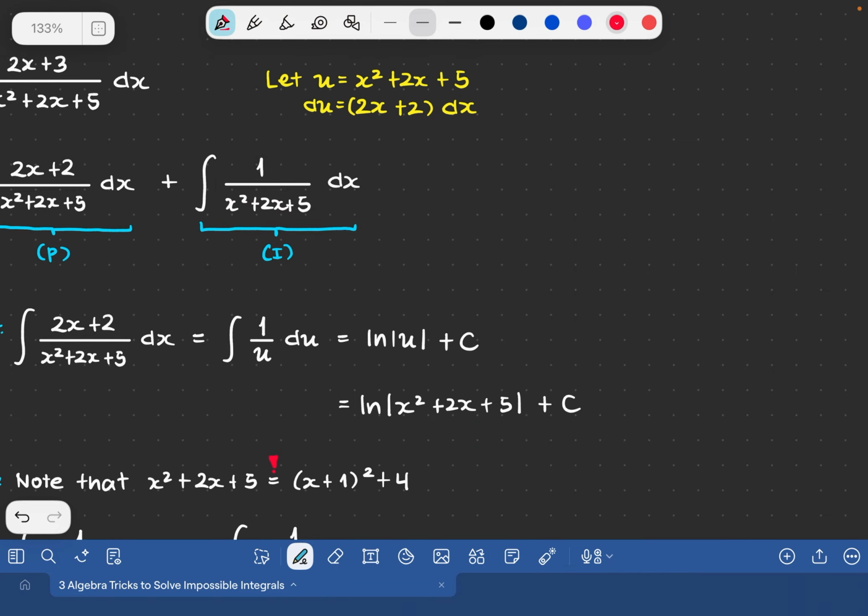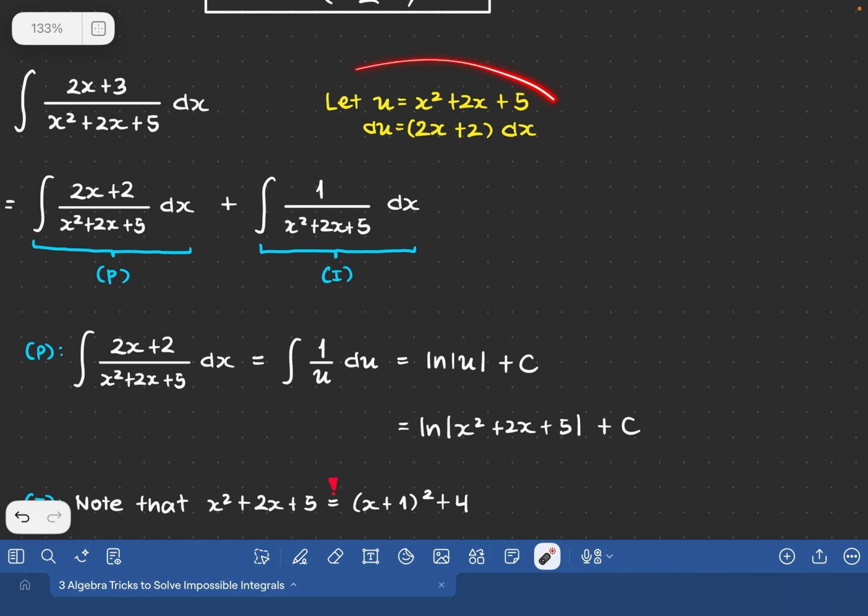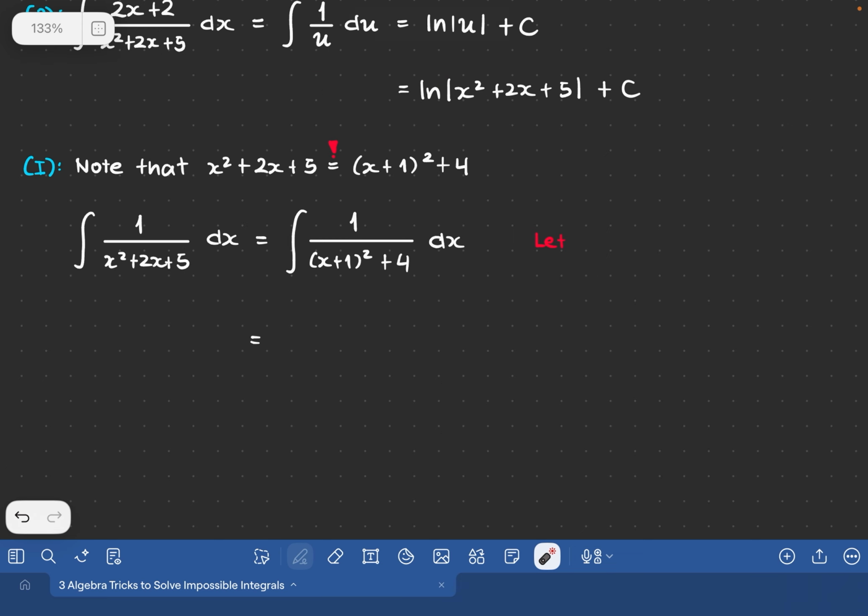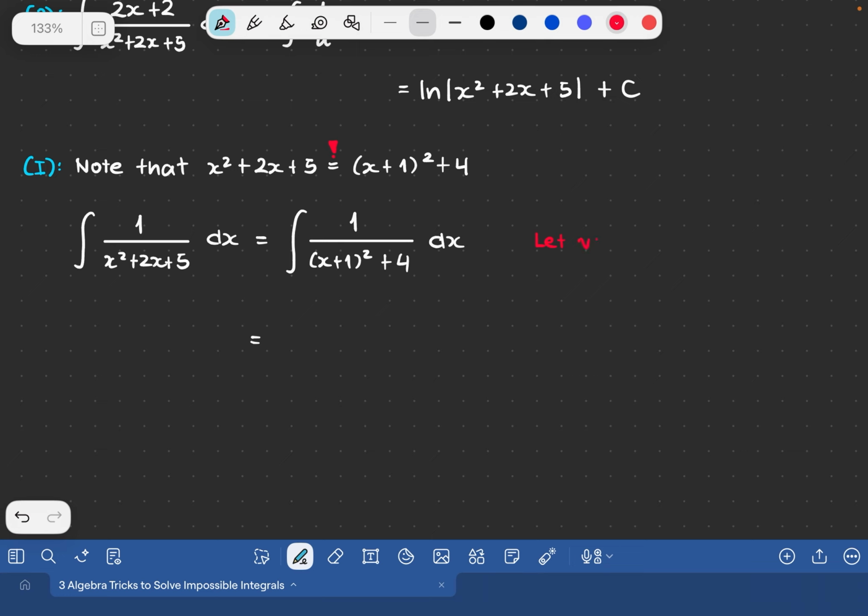We have used u already here, so let me just use v. Let v this time be equal to x plus 1, then dv will just be equal to dx, and so we can rewrite this as the integral of 1 over v squared plus, let me write 4 as 2 squared.